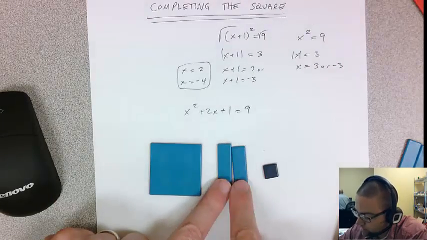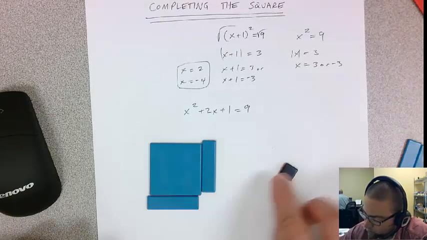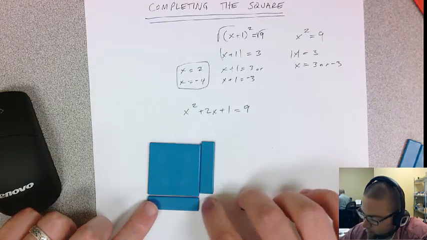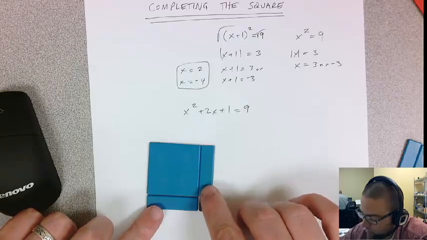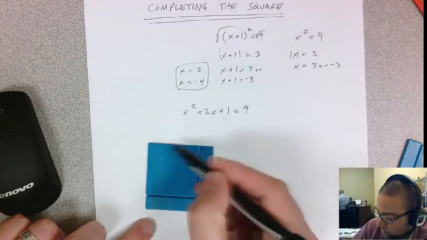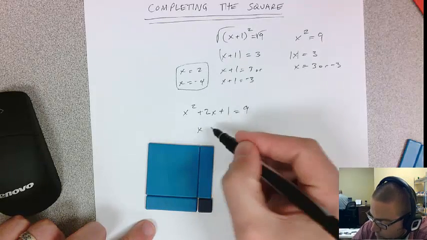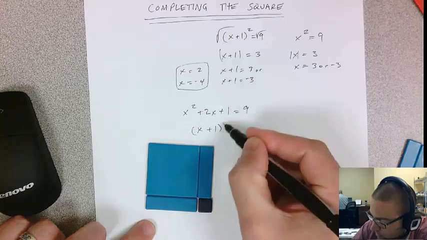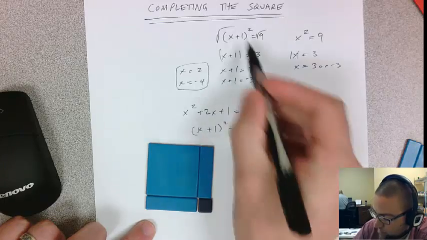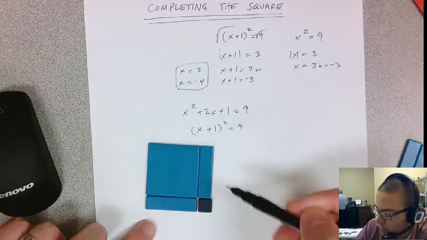I can split this in half and put one of the x's here and one down here, and then I fill in this spot right here with my 1. So now this is a square that is x plus 1 on this side and x plus 1 on this side. So the equivalent expression would be x plus 1 quantity squared equals 9, which I just solved up here. So x would be 2 or negative 4.